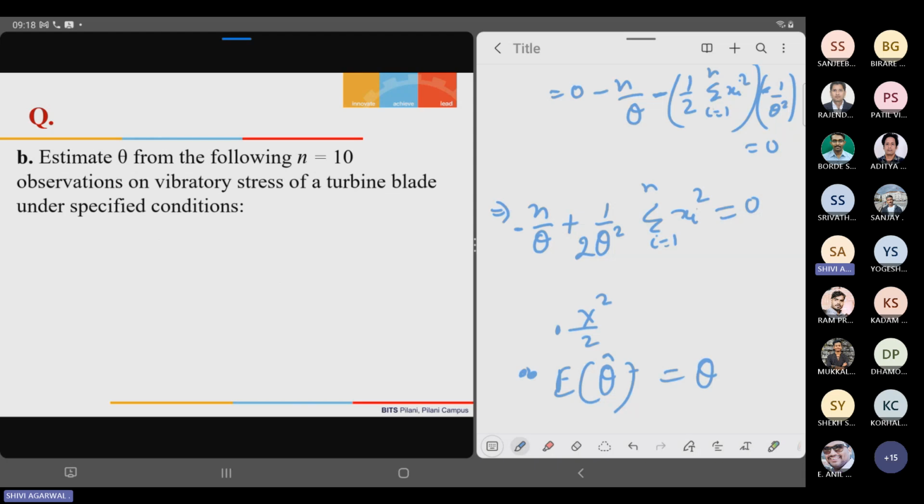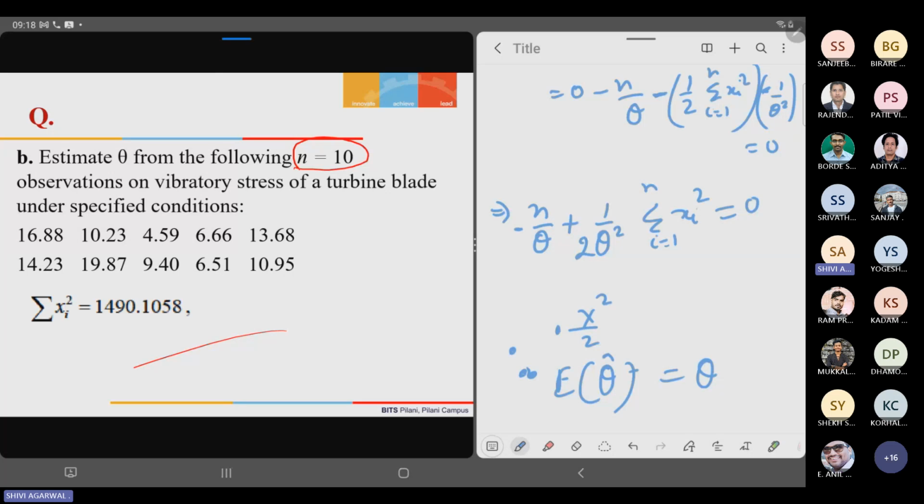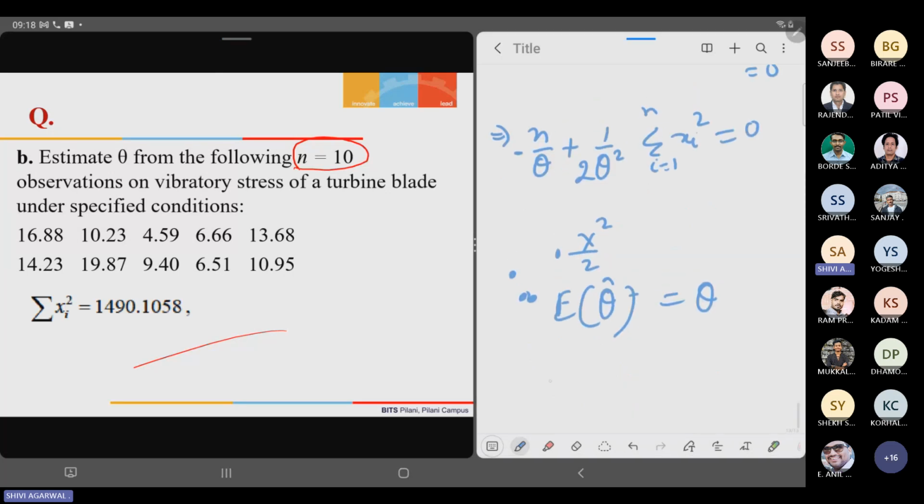Okay. Now estimate the value. N is equal to 10. Observations are provided here. These are the 10 values given. So what you will do, because it is given here, theta hat is equal to summation of xi square upon 2n, and i is equal to 1 to n. So we are finding summation of xi square, that is what? 14390.1058.